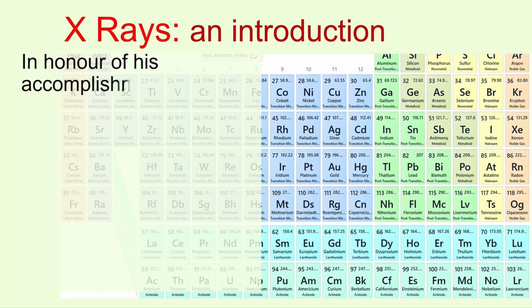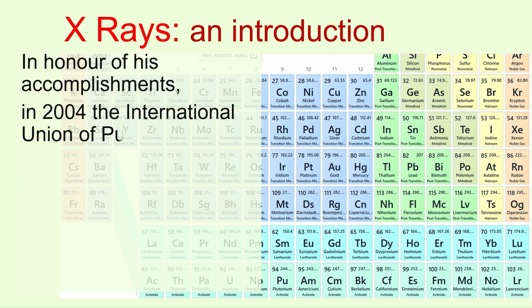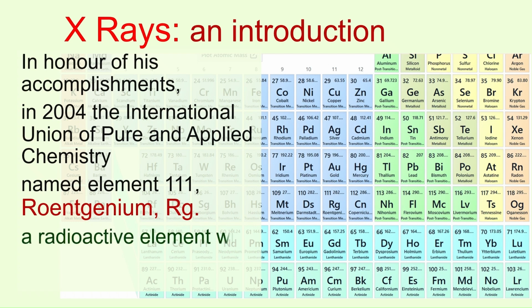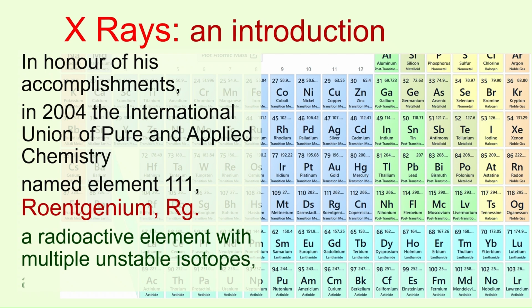In honor of his accomplishments, in 2004, the International Union of Pure and Applied Chemistry named element 111, Röntgenium, Rg, a radioactive element with multiple unstable isotopes, after him.